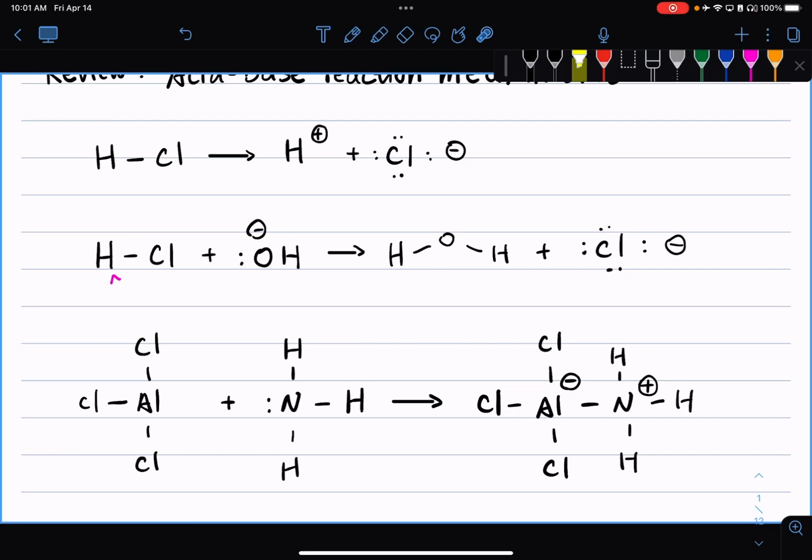So for example, the first reaction is the dissociation of a polar covalent bond in the HCl molecule. Our chlorine is more electronegative. Hydrogen is more electropositive.